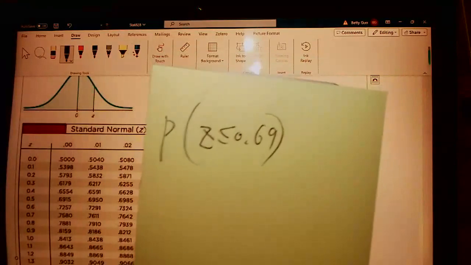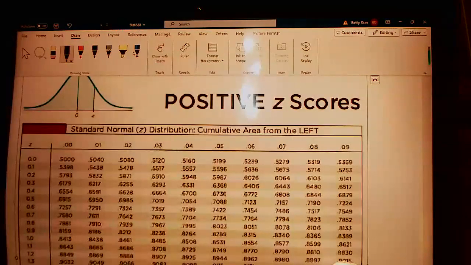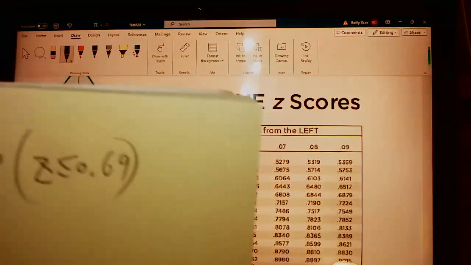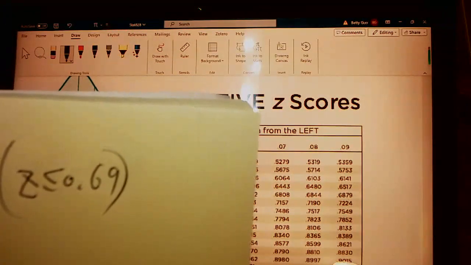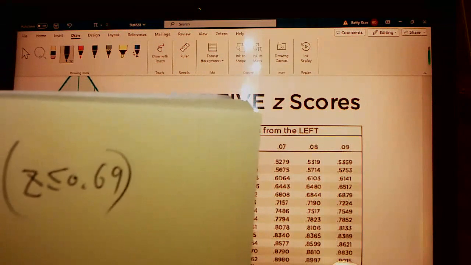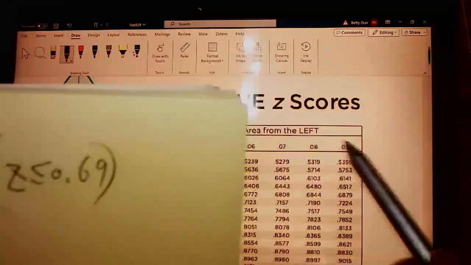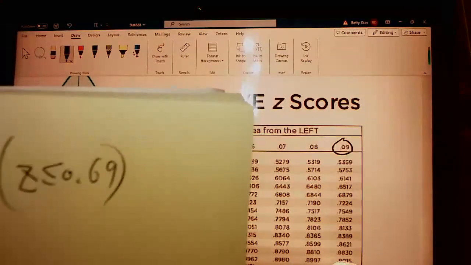So we have 0.69. We are looking for 0.6. 0.6 is right here, right? And what about 9? 0.69 is our z-score. So we have a 0.6. We are missing 0.09, right? Do you agree? We are missing 0.09.